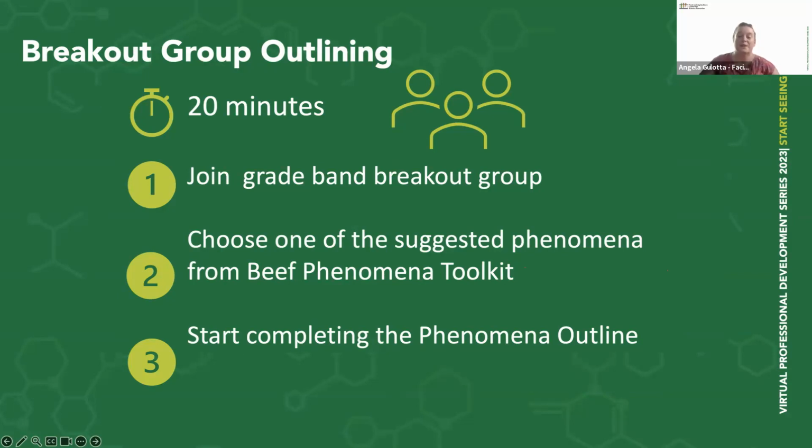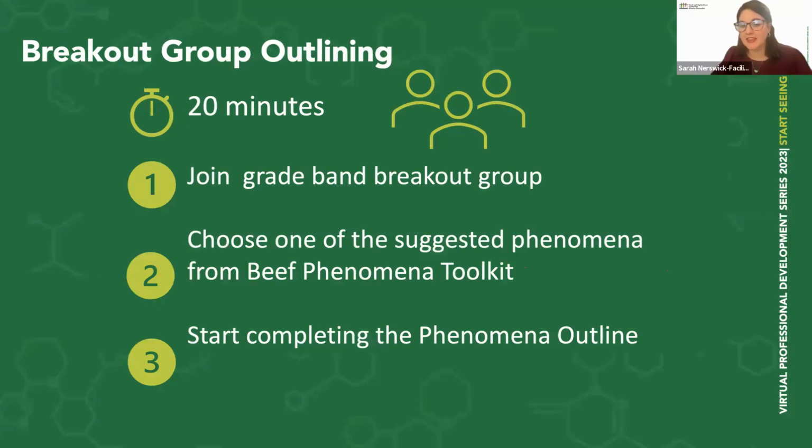Okay, we're going to go ahead and have you get into those grade band breakout rooms. Again, you can work on your own, or you can collaborate with that group. Just let us know if you have any questions, pop them into the chat, and we will help you if you get stuck.